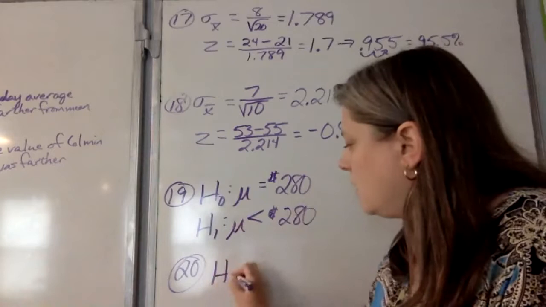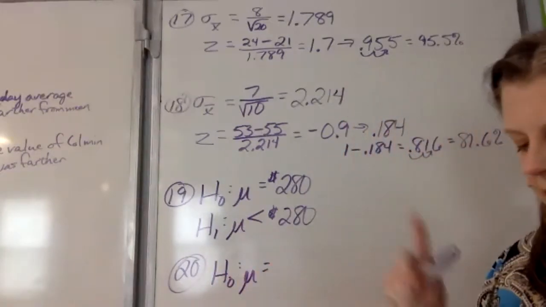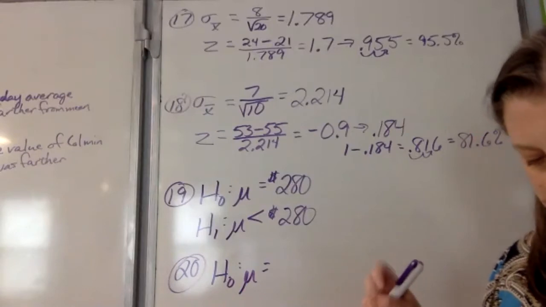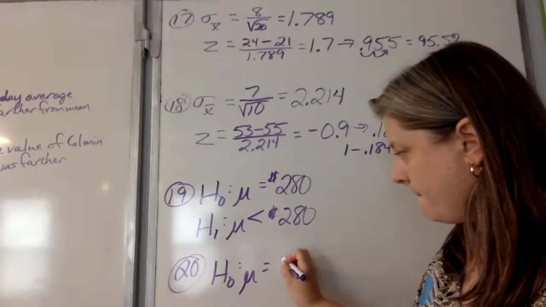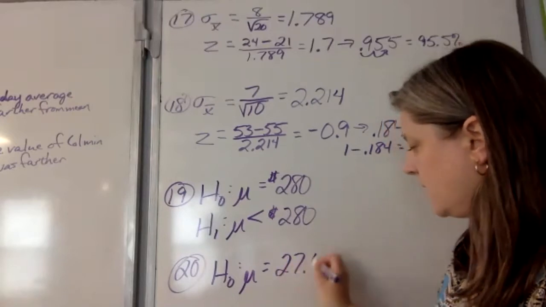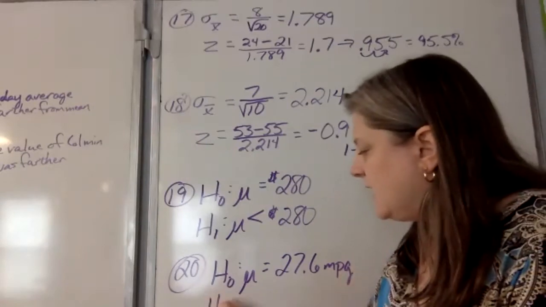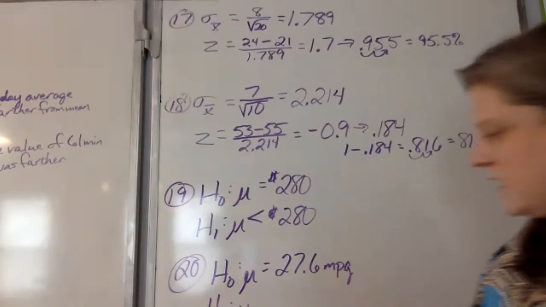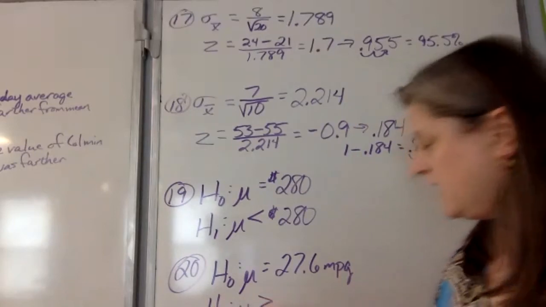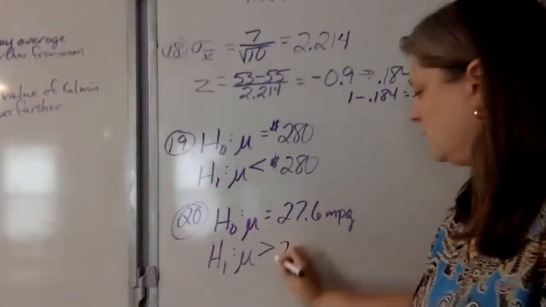So his null hypothesis is the mean is equal to, what was the sample's average? 27.6. 27.6 miles per gallon. And then his alternative hypothesis is he's trying to see if his average is higher than that. So we use greater than the 27.6.